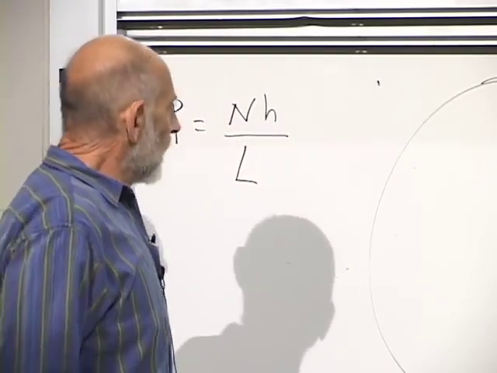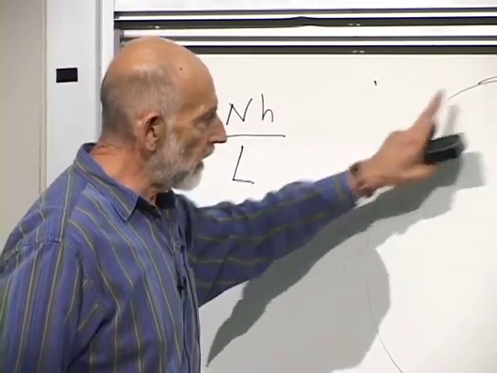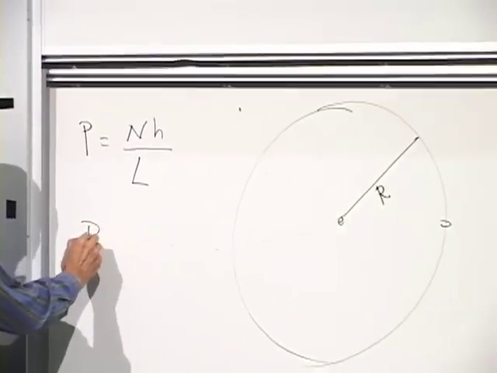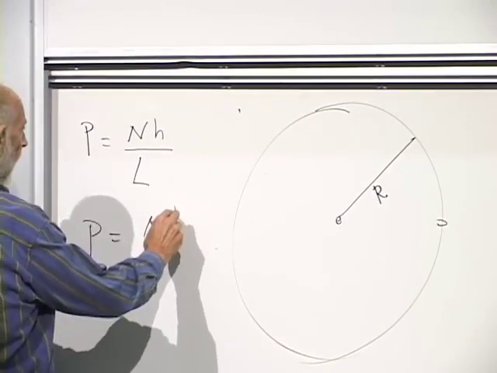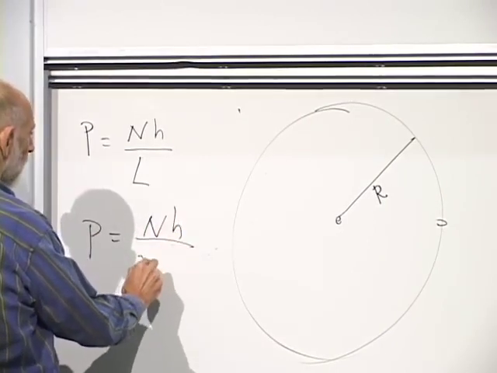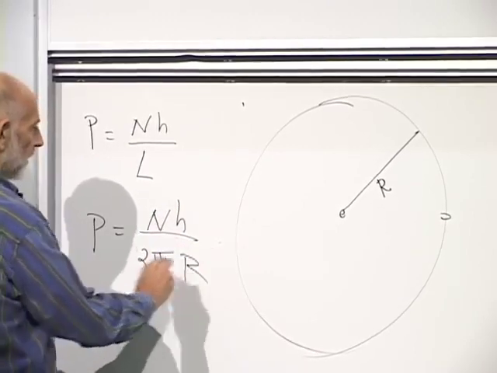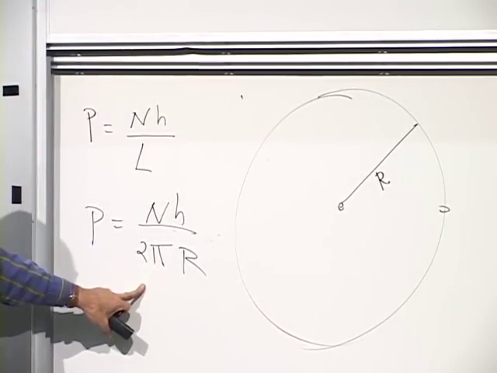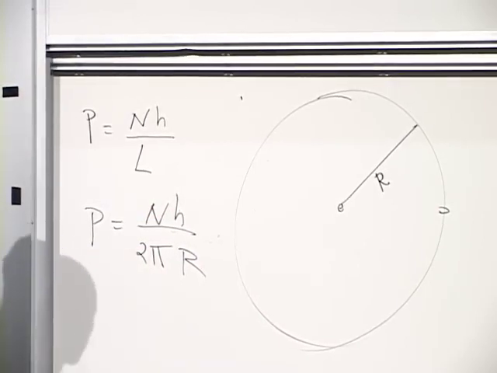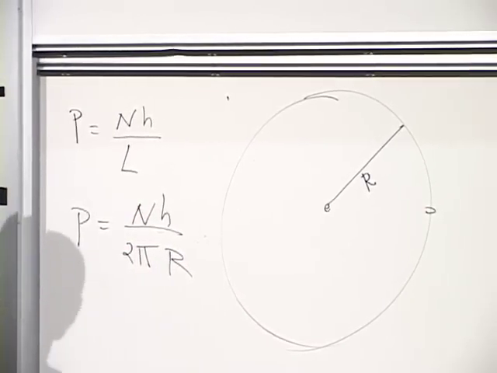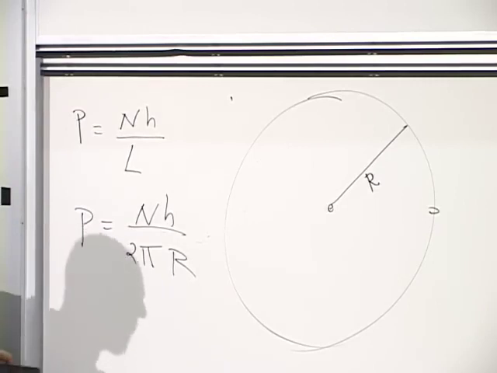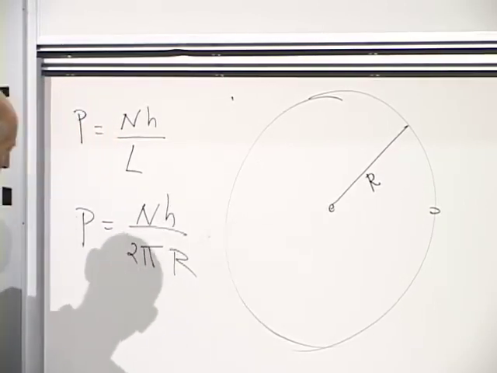Now, the radius of the orbit is r, and that means that p is nh over 2 pi r. You can see by now that h bar would have been a better choice in this equation. Let's leave it, and later on we'll put back h bar. That's the momentum, and the momentum is quantized. Every single electron, photon, or anything else has to have an integer multiple of this.